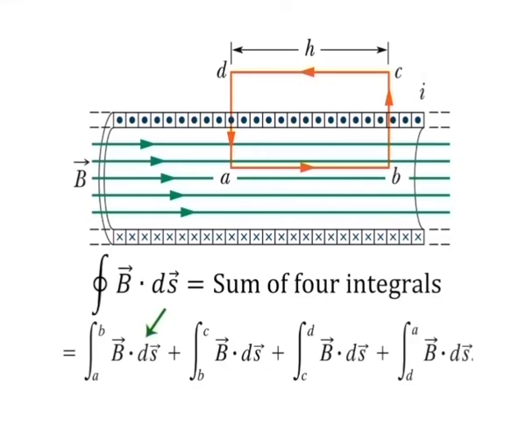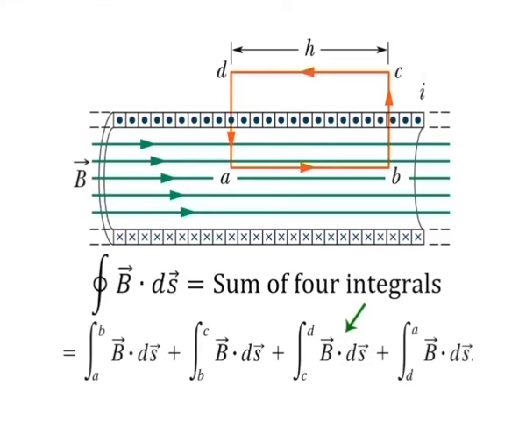The first integral on the right of the equation is Bh, where B is the magnitude of the uniform field inside the solenoid and h is the length of the segment from A to B. The second and fourth integrals are 0 because for every element ds of these segments, the magnetic field either is perpendicular to ds or is 0, and thus B dot ds is equal to 0.